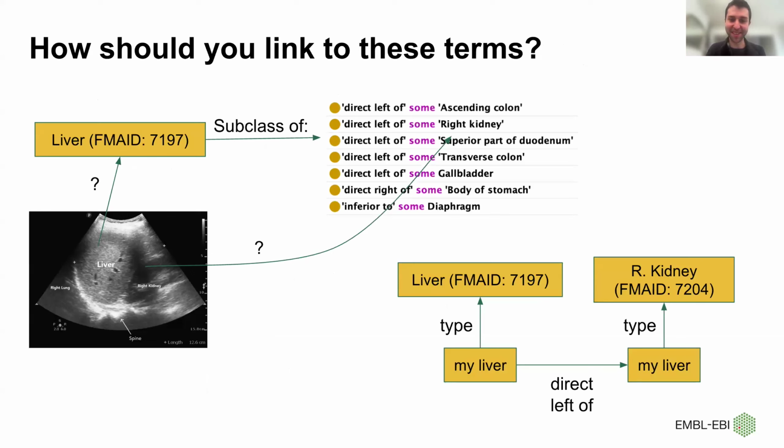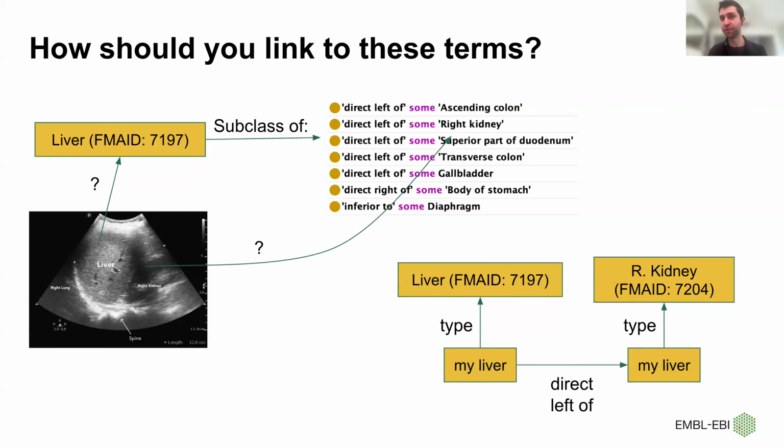And this means that if you have an inference engine, the rules that are laid out, and this is the bit that's probably the most technical, so I need to spell it out as correctly as possible, are that if you have something that is an instance of the class liver in the FMA ontology, you can infer that it is the direct left of something that is of the type right kidney.